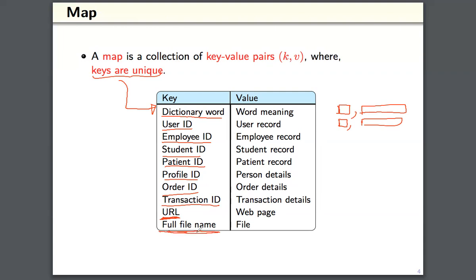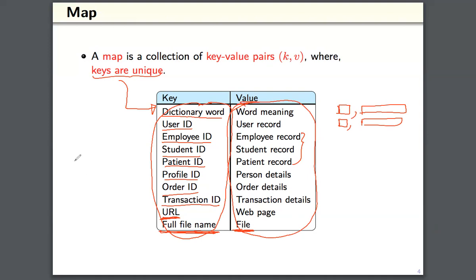Full file name and the file itself: the full file name on your system is the key. These are unique. You don't give 2 files the same full file name, right? So all these are the keys. These keys are unique, and all the information related to these keys will be considered as records, or other details. That's the value.